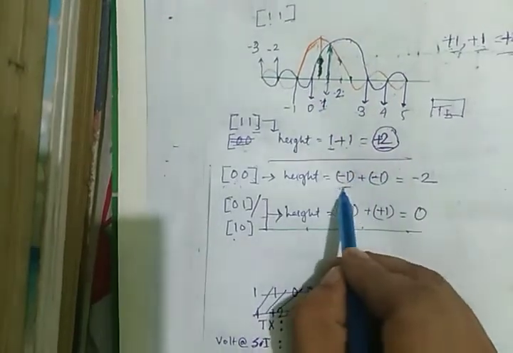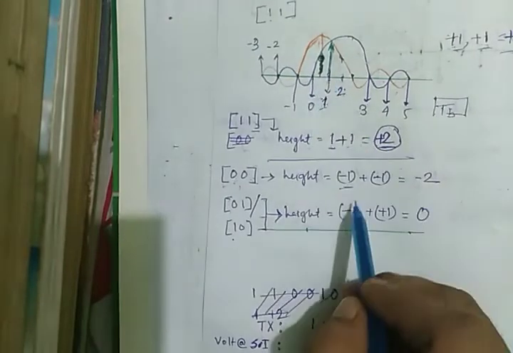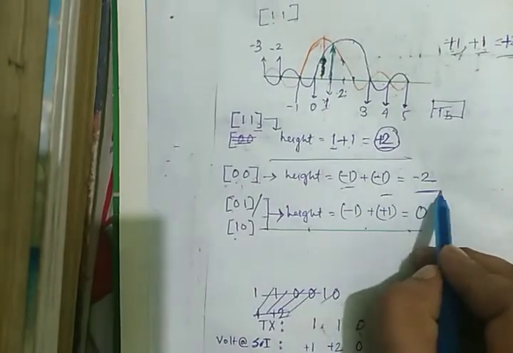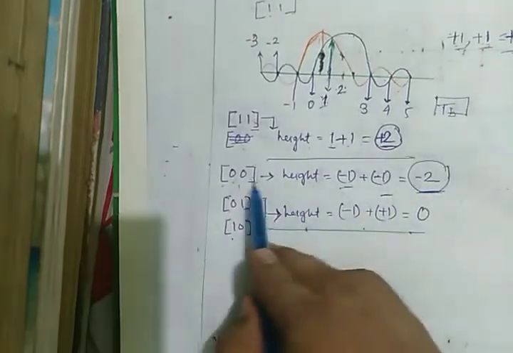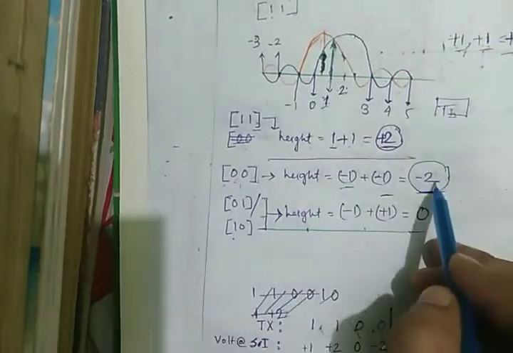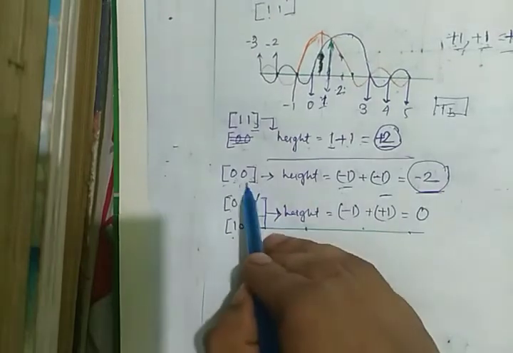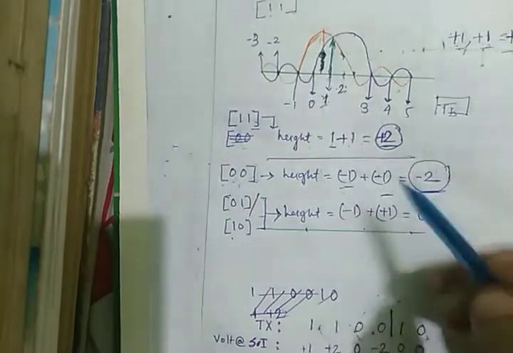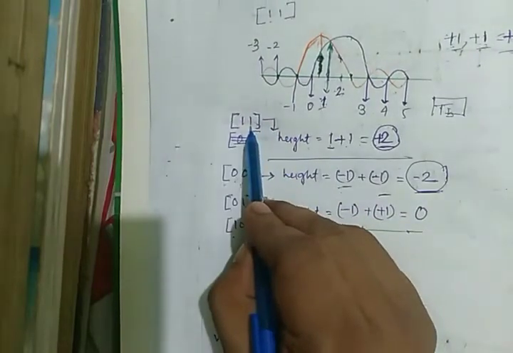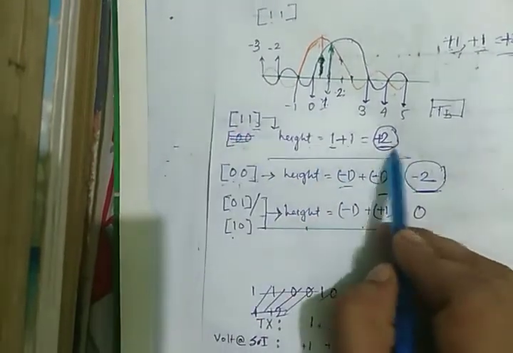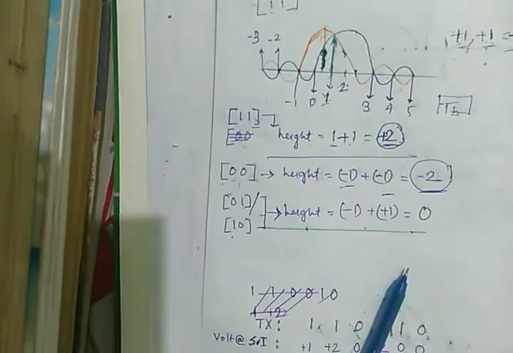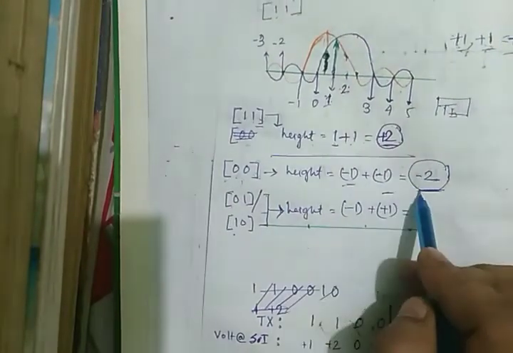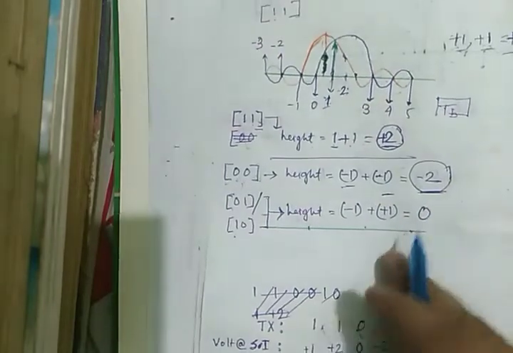So the height at this sampling point will be minus 1 plus minus 1, which is equal to minus 2. So in the case of two zeros transmission, we will get minus 2. That means when my present bit is 0 and my previous bit is 0, I will get minus 2. Previously, when my present bit is 1 and my previous bit is 1, I used to get an interference of plus 2 volt. For 0, 0, I am getting minus 2 volt.